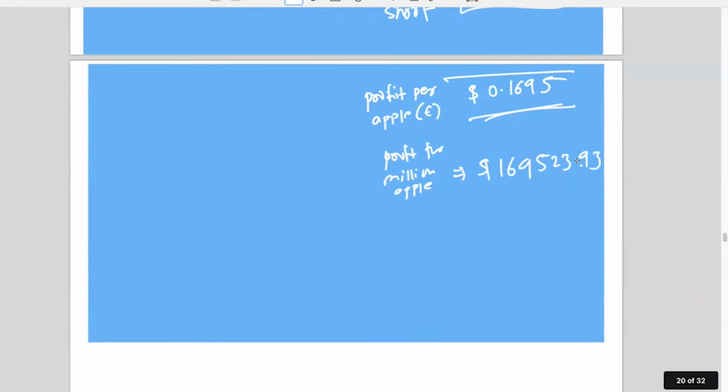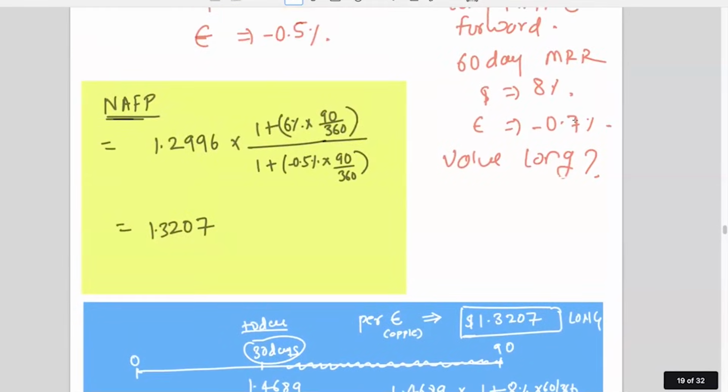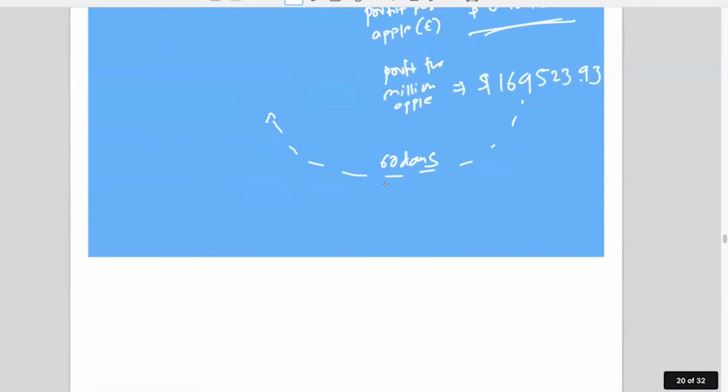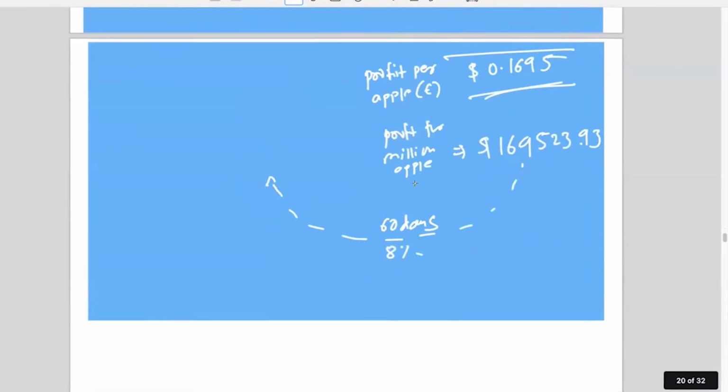This is my profit, but when? This is my profit 60 days from today. So I need to take it backwards for 60 days. The current 60-day rate in the US is 8%, so I'm going to discount this backwards at 8%.